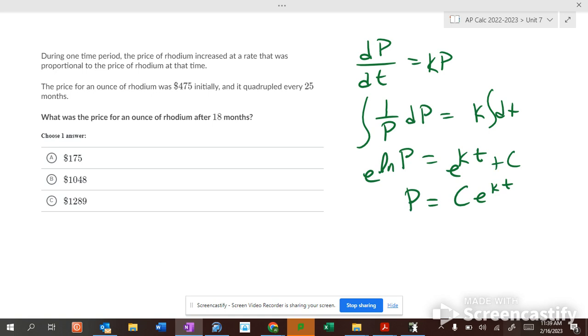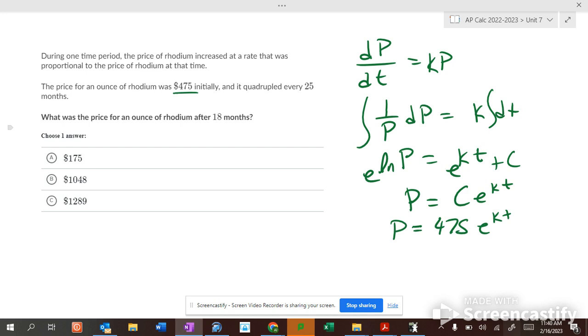We can kind of jump to that. Most of the time it's increasing at a rate proportional, so it's Ce to the kt. The price of 1 ounce was that initially, so p equals 475 e to the kt.